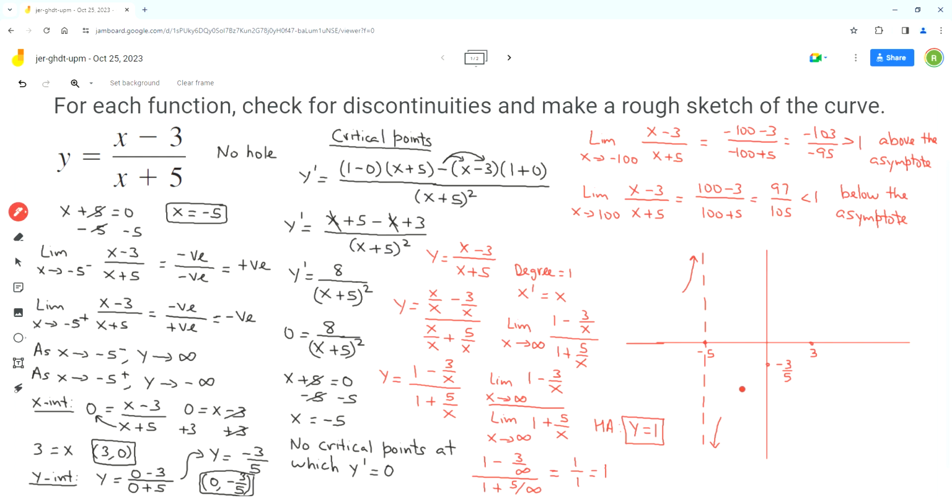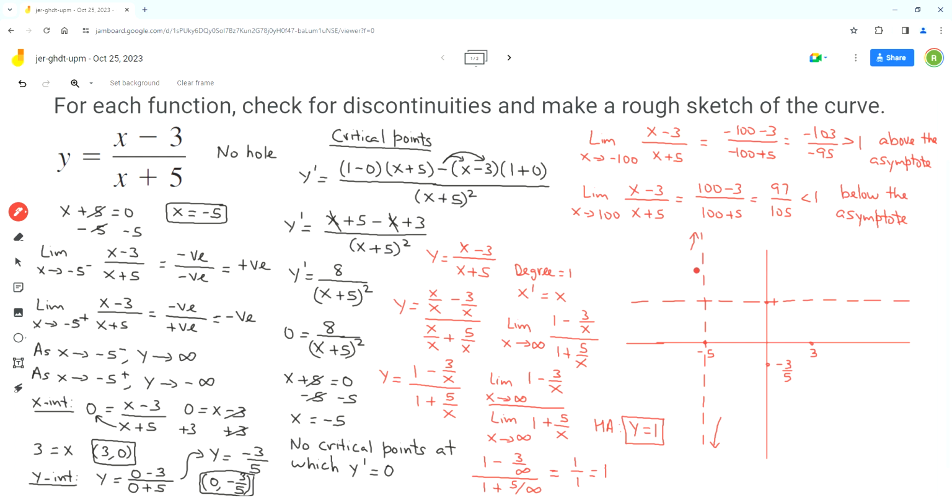Next we can show the horizontal asymptote, which is at y equals 1. So that will be somewhere here. And now we can show the end behavior around the horizontal asymptote. On the left side, the curve approaches the horizontal asymptote from above, so we can move this end behavior somewhere here.